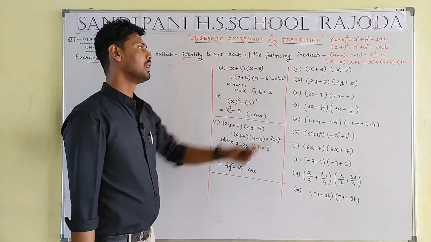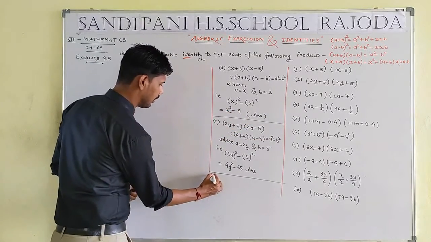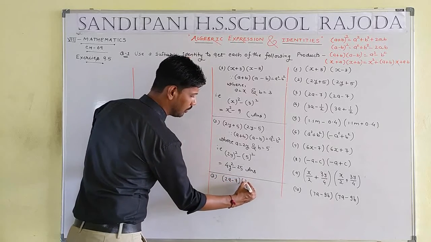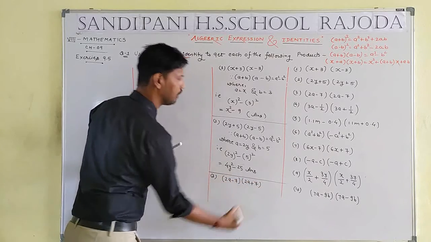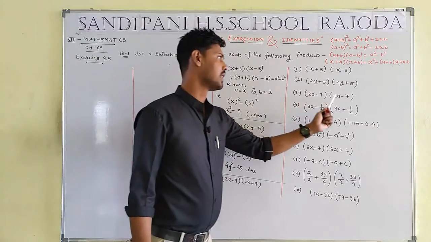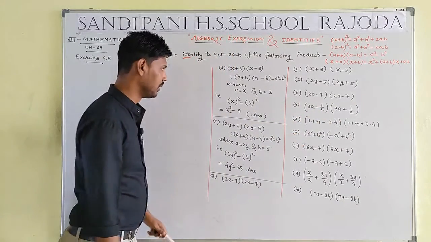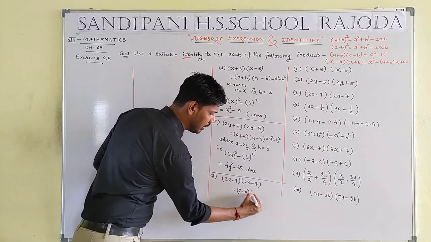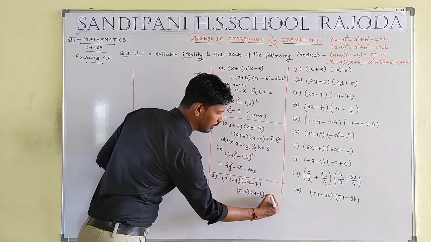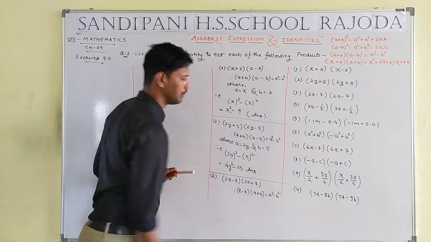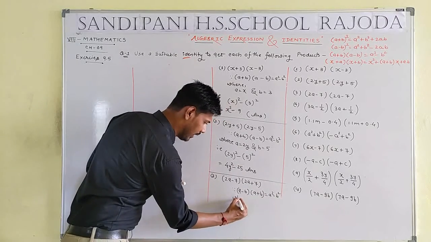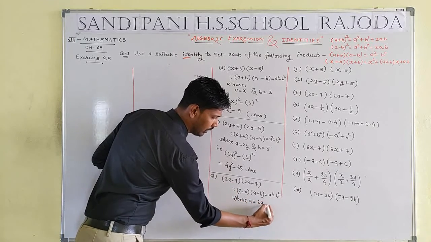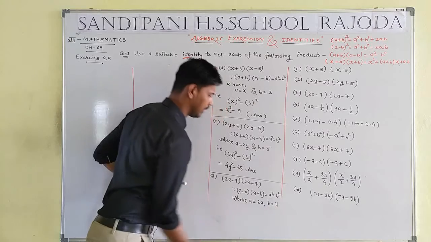Now we take the third question. What is the demand of the third question? (2a minus 7) into (2a plus 7). We use the identity (a minus b) into (a plus b) will be equal to a square minus b square, where a will be equal to 2a and b will be equal to 7.